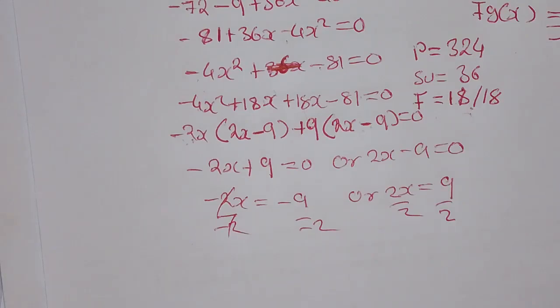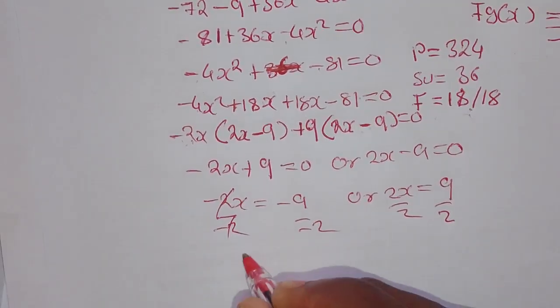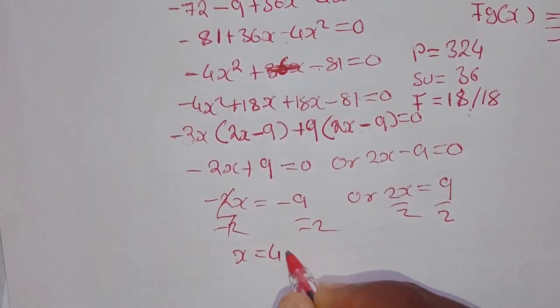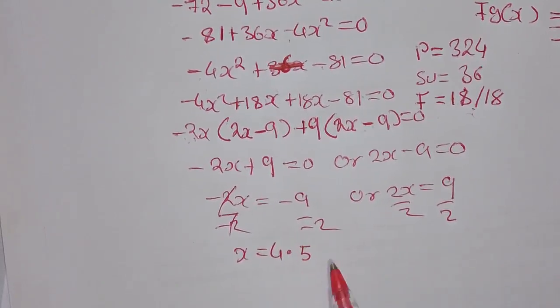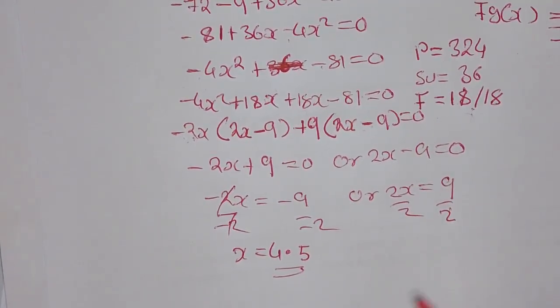This will give us 4.5. So x is equal to 4.5. Even this side, to give you the same, 9 divided by 2 gives you 4.5. Okay, so this is how you can do such a question.